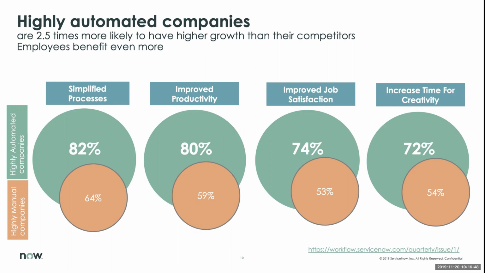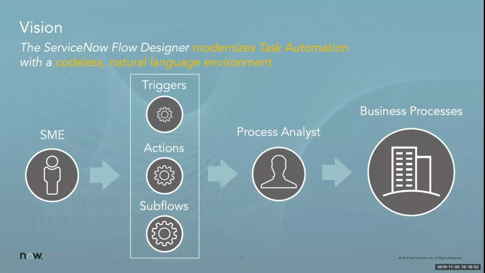So the tool that we have to do automation on the ServiceNow platform is IntegrationHub and Flow Designer. So the ServiceNow Flow Designer modernizes task automation with a codeless natural language environment. So what we can do is we have our subject matter expert who knows how these processes work. So they have triggers.